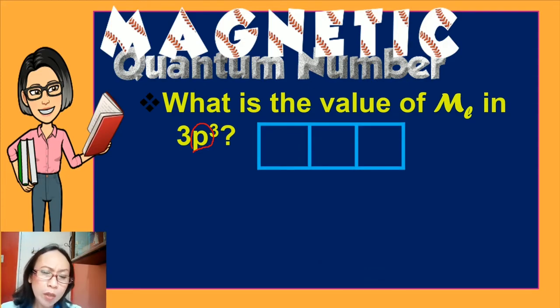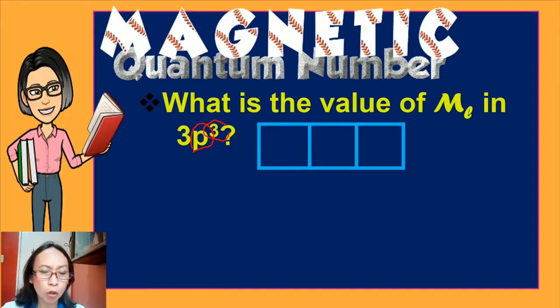Now, we will distribute these 3 electrons in our orbitals. Laging tatandaan na pag nag-distribute po tayo, laging unahin po muna lahat arrow up. Okay, before ka mag-arrow down. Pag completely filled na po lahat ng orbitals using the arrow up, then that's the time na mag-arrow down na po tayo.